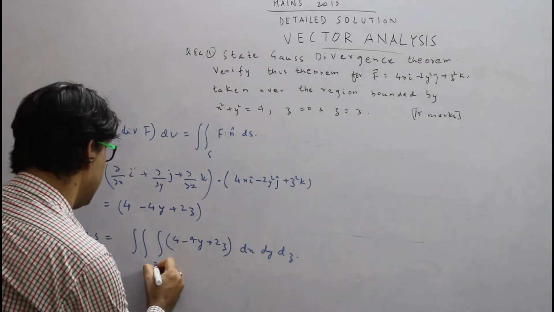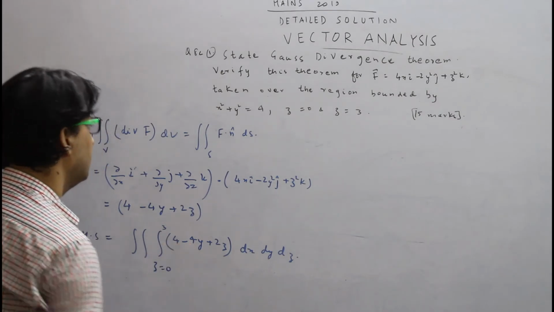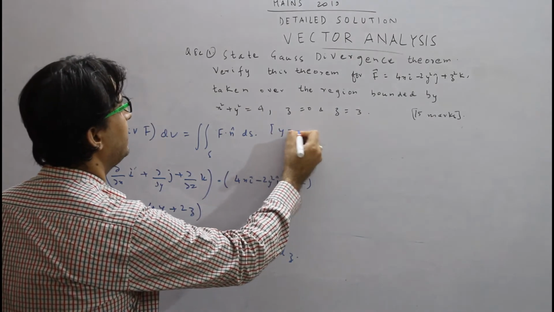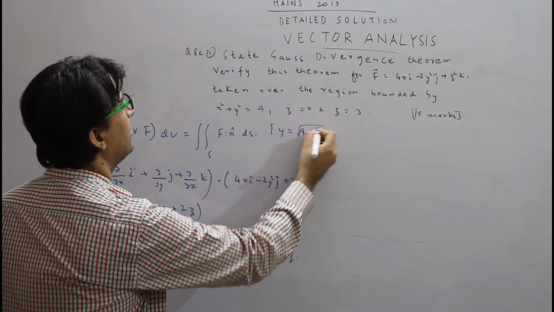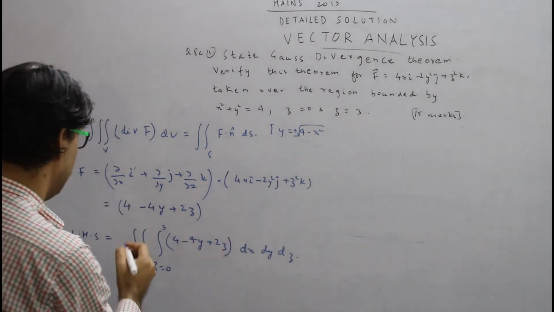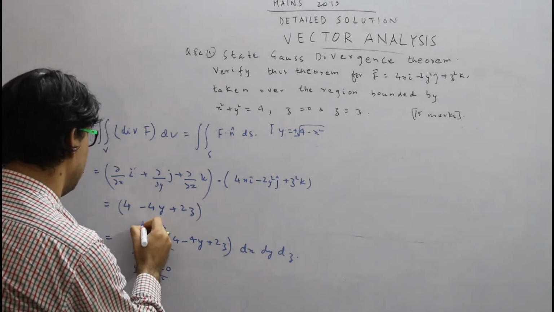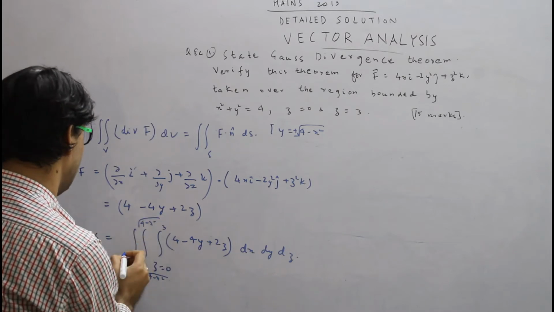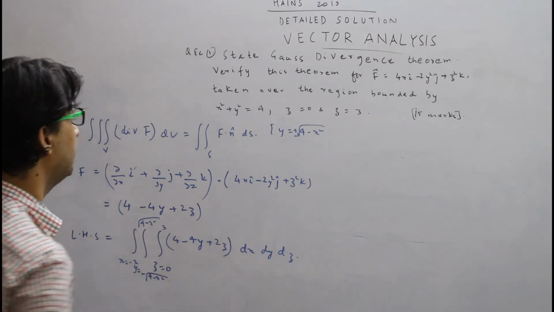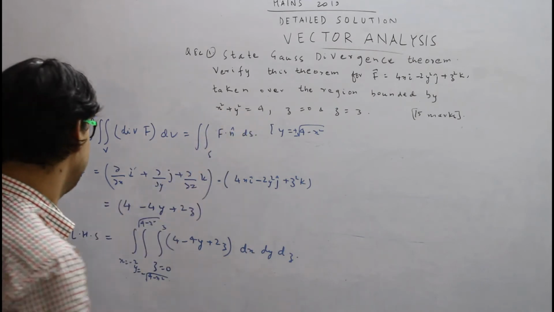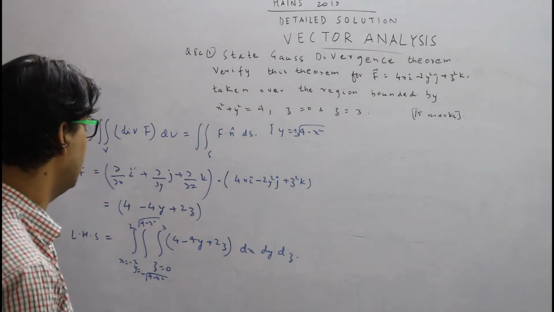So our limit z runs from 0 to 3, and from this equation y is equal to plus minus square root of 4 minus x square. So y will run from minus square root of 4 minus x square to square root of 4 minus x square, and x, if you put y is equal to 0, x square is equal to 4, so x runs from minus 2 to 2.